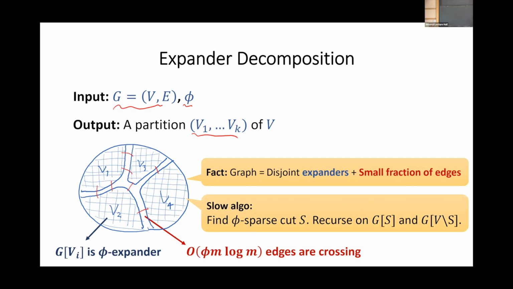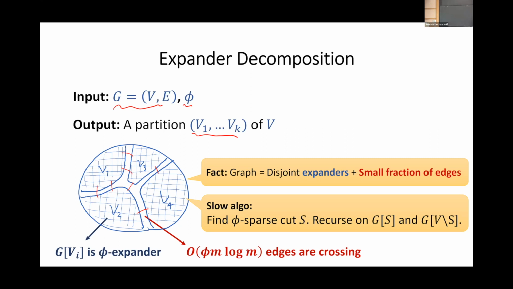First of all, if there is no phi sparse cut, then the whole graph is an expander, and you just return everything as one component. But if not, then you find a phi sparse cut and recurse on both sides. Once you stop your recursion, you will get phi expanders.